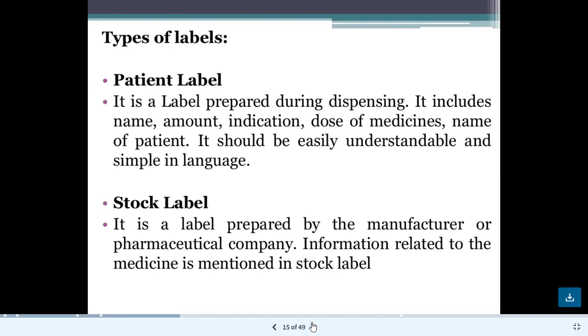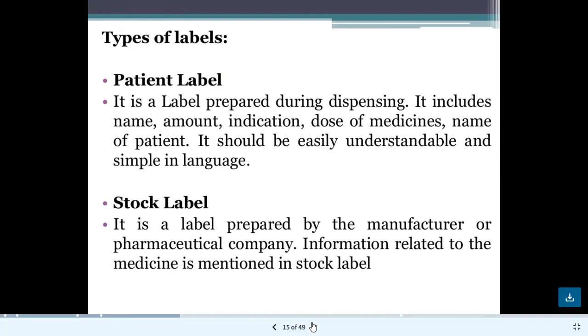Patient label is a label prepared during dispensing. It includes name, amount, indication, dose of medicine, name of patient.